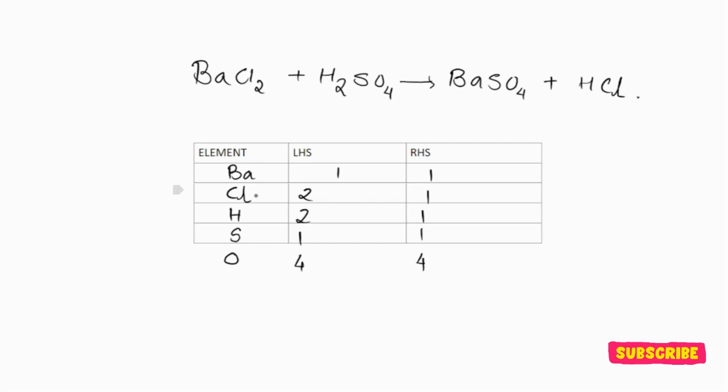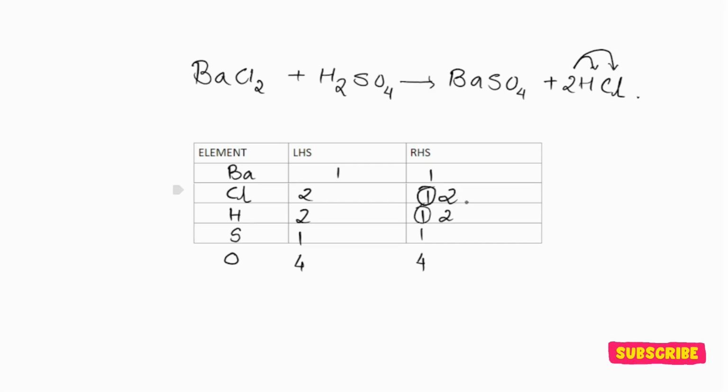So here you will see that chlorine is 2 on left hand side and it's 1 on right hand side. So let us first balance this chlorine. I will multiply this 1 into 2. I will put 2 here and so my chlorine becomes 2. So chlorine is balanced. The moment I balance chlorine, this 2 applies for both, so the hydrogen has become 2 here.